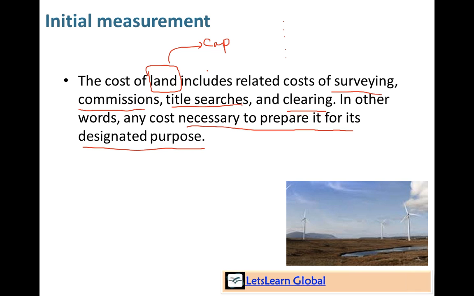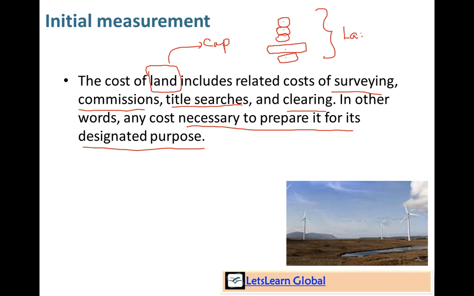Even before you pay the original owner of the land, you will have to pay some preliminary expenses like title searches, legal expenses, etc. Then you pay a big amount to the owner of the land. Then you pay for some clearance of certain things on the land. So the total amount will become the land cost.